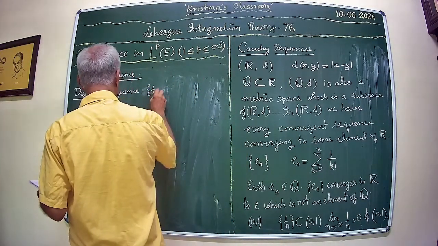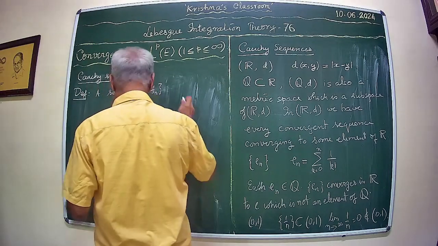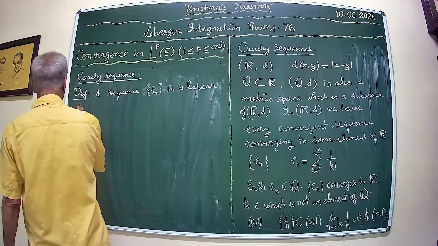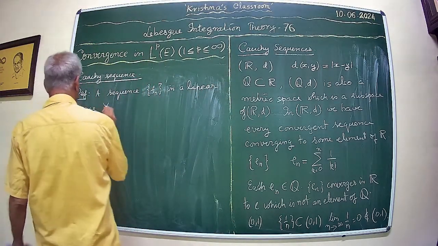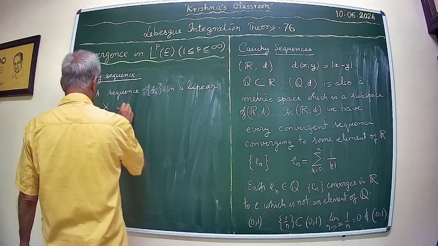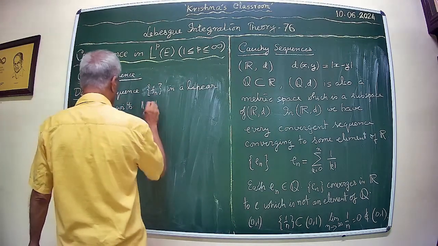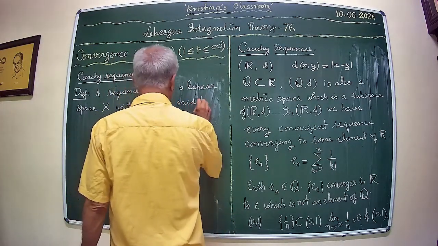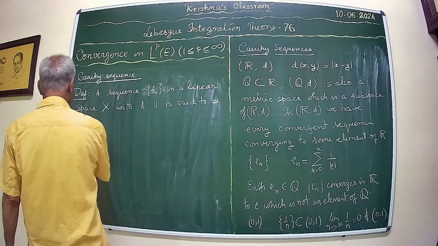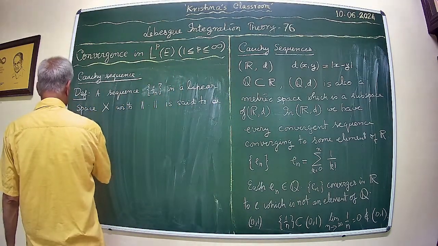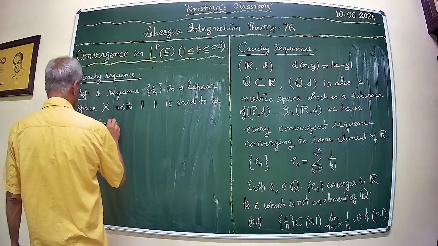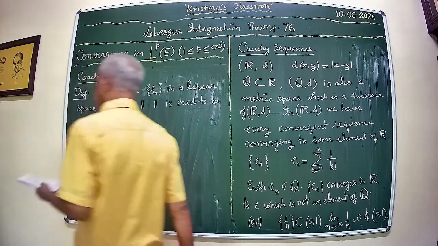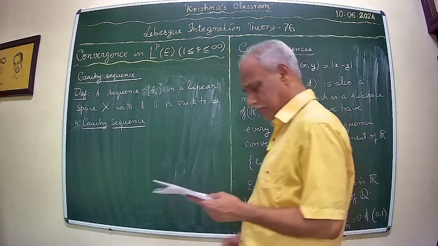This is true in any metric space. A sequence is said to be a Cauchy sequence, a convergible one. That's what it means.